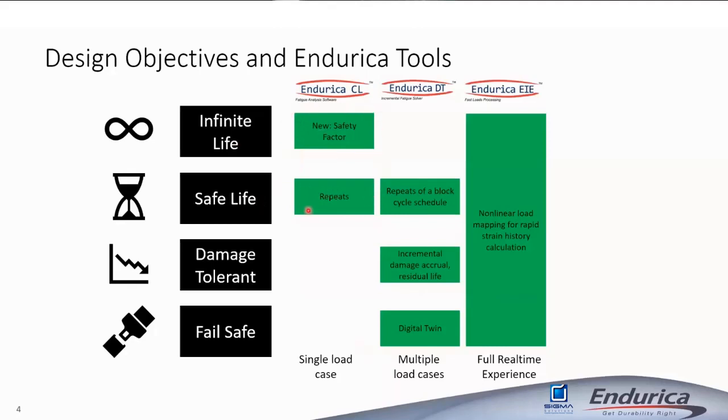If you're going to start doing block cycle analysis, if you're going to start looking at incremental damage accrual or residual life types of problems, if you're going to do a digital twin, these are all applications where you would use our DT solver. Now, in any of these applications that require that you work with road loads, you're going to use the Endurica EIE to generate your strain history.